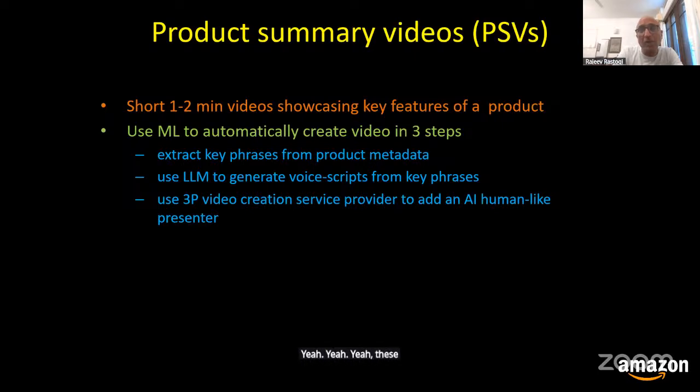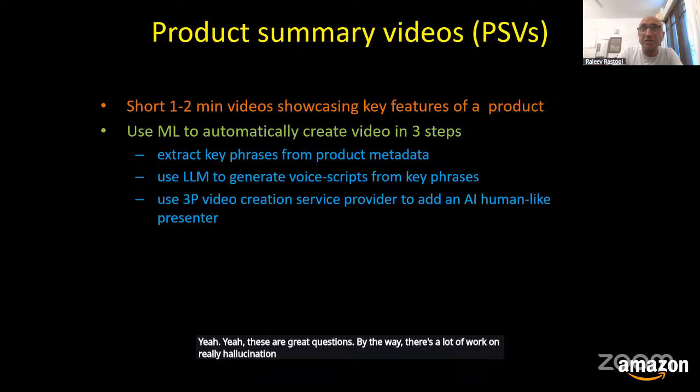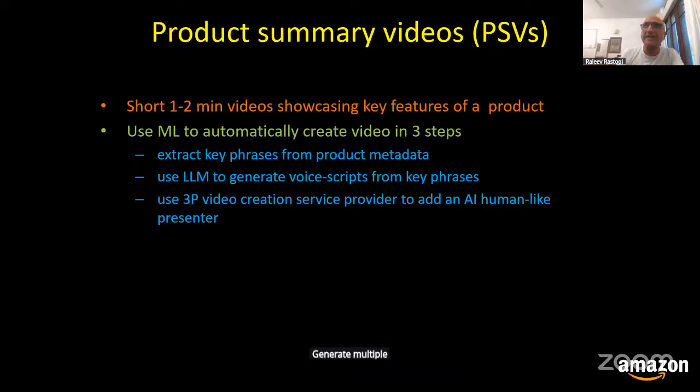By the way, there's a lot of work on hallucination detection and reduction using self-reflection, using LLMs themselves to introspect on their answers. That's what's been happening with many of these advanced reasoning models, right? They generate multiple answers, then analyze them and try to pick the best response.